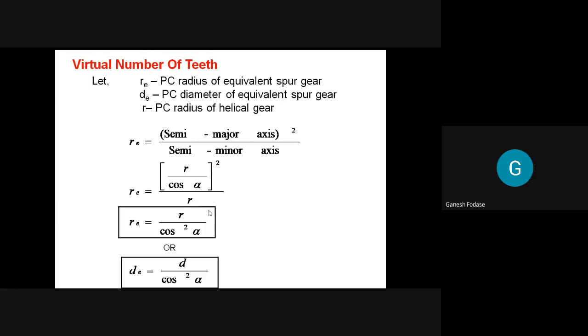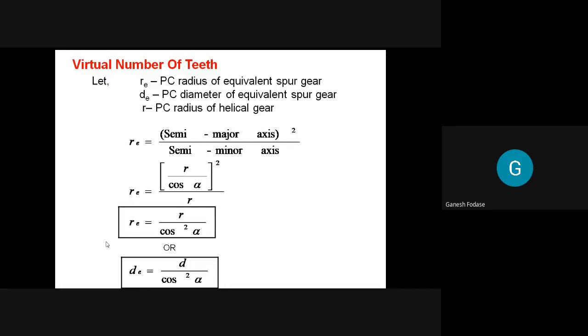The semi-major axis of the ellipse is R upon cos alpha, while the semi-minor axis is R. So finally we obtain the relation R equivalent is equal to R upon cos square alpha, and D equivalent is equal to D upon cos square alpha.